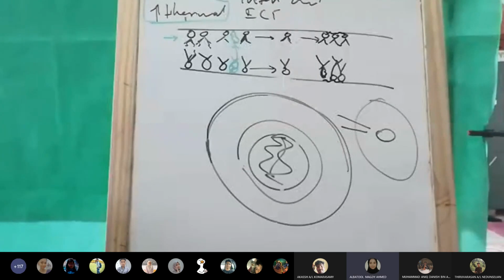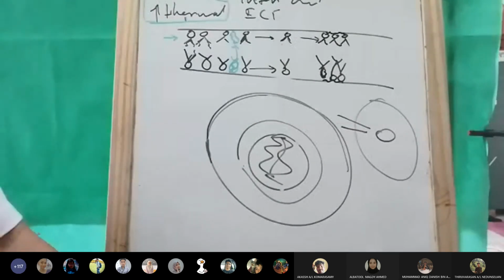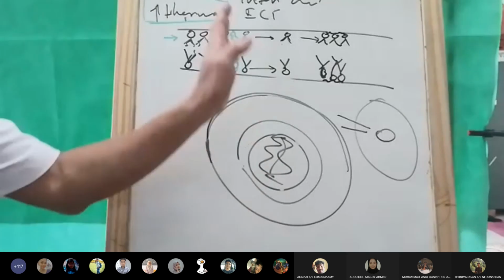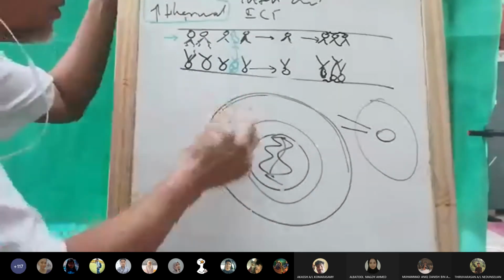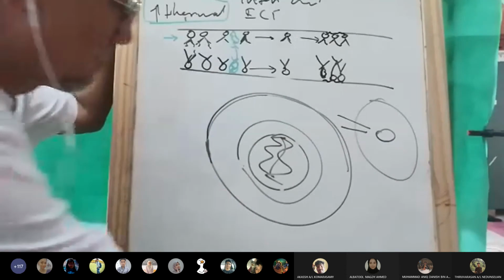So that's why our body temperature has to be maintained around 37 degrees, so that our cell membrane is neither too liquid nor too gel. It's just nice at around that point.